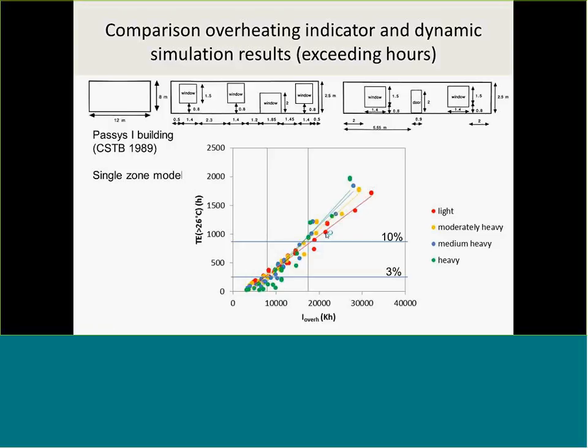So it's rather a method which will prevent the most severe overheating problems, but will not necessarily guarantee very good summer comfort in all situations. So the possibility of installing a cooling system after occupation is certainly meaningful to address these situations.